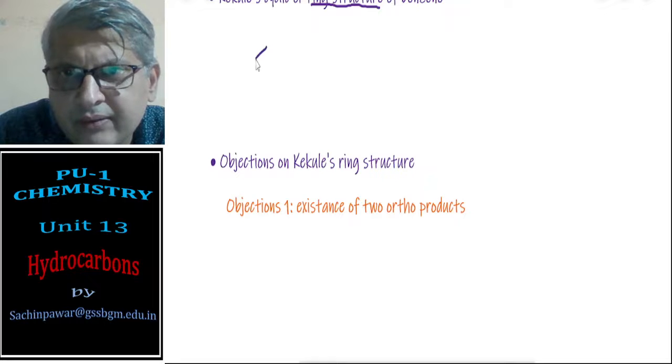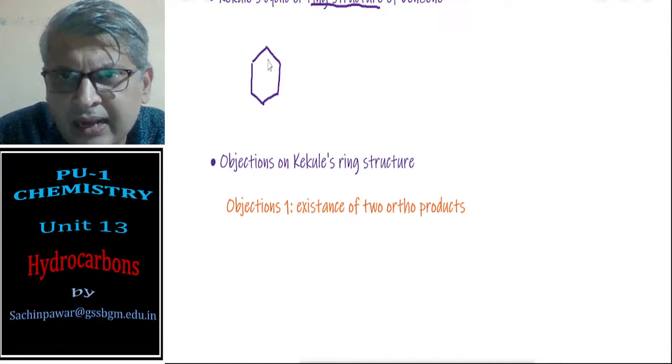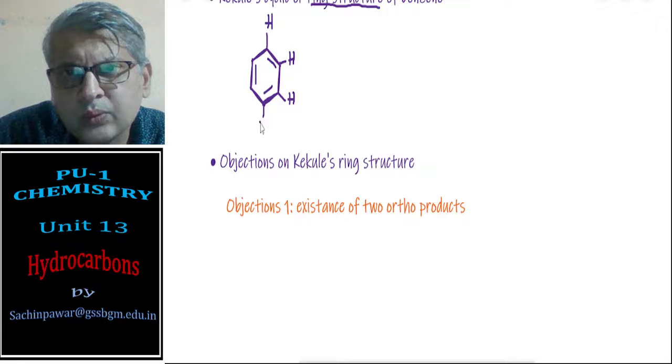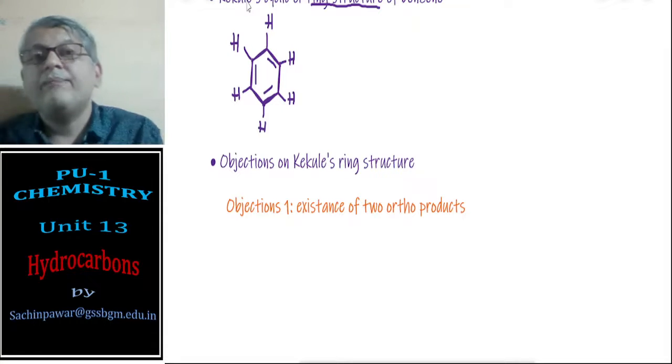We have a 6-membered ring, with alternate double bond, single bond, double bond, and every carbon atom is attached to a hydrogen atom, and this is the Kekule proposed structure of benzene.